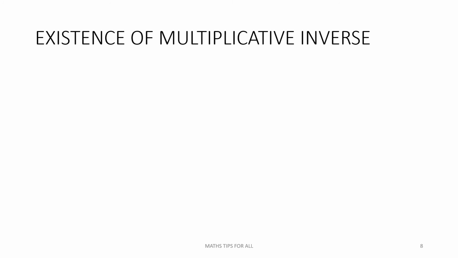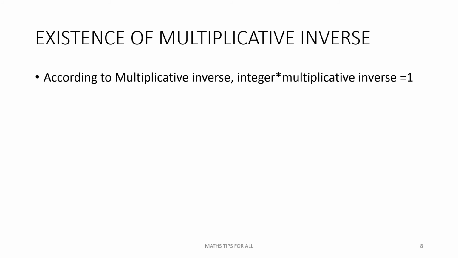Let's move on to the other one, existence of multiplicative inverse. According to this, an integer into its multiplicative inverse is always 1. Let's take an example so that you can clearly understand it. Here we are considering an integer a.